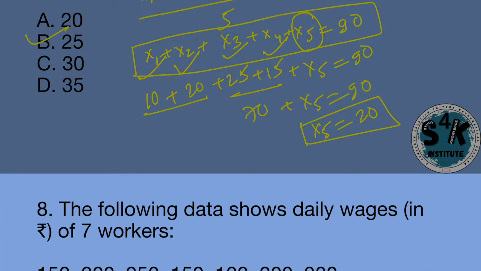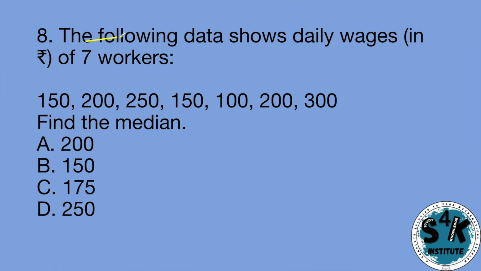Okay. Now, the following data shows daily wages of 7 workers. So the daily wages of 7 workers are given to you. Now in the median question, you need to arrange the numbers in ascending order. So please write these numbers in ascending order.